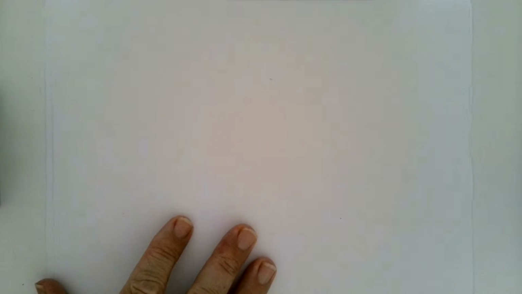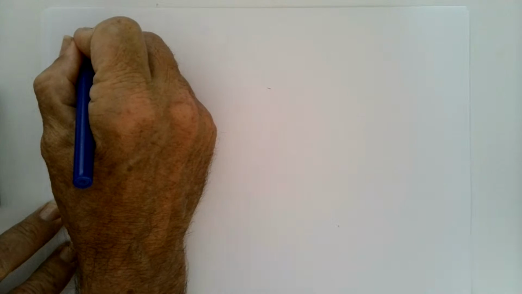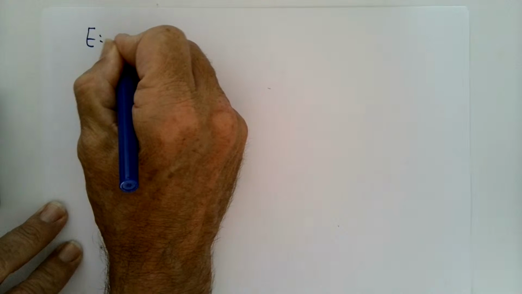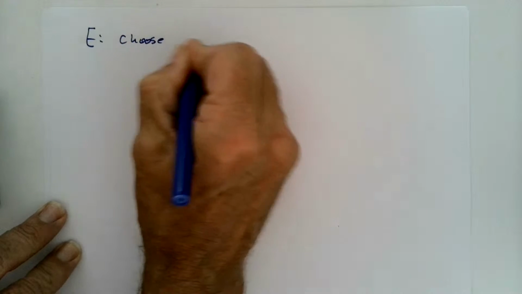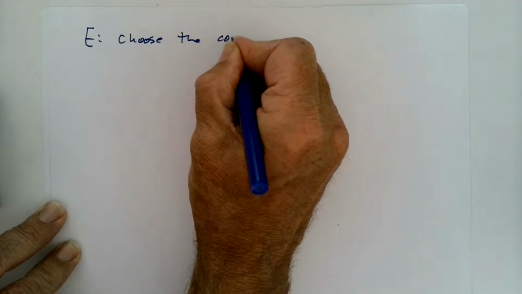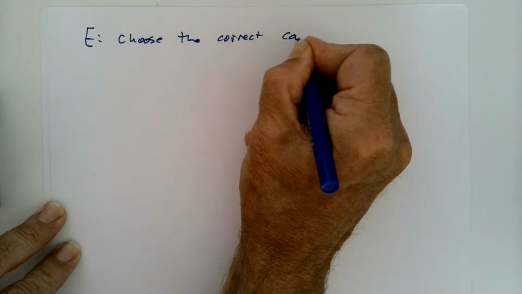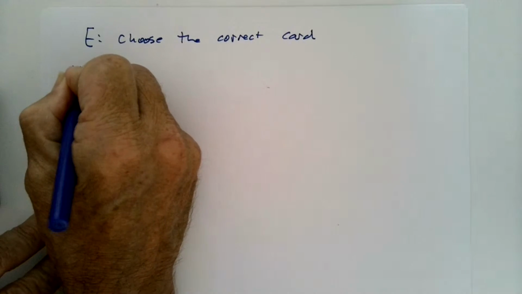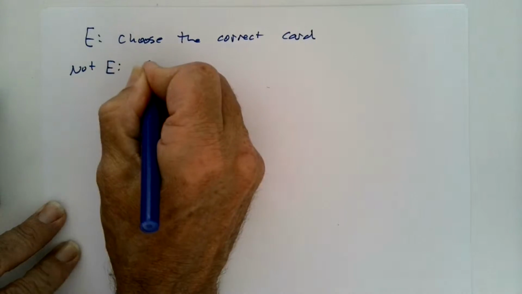So what are we going to say first? Let E be our event to choose the correct card. Not E, of course, would be choosing the incorrect card.